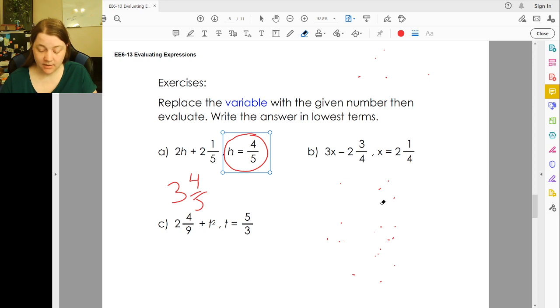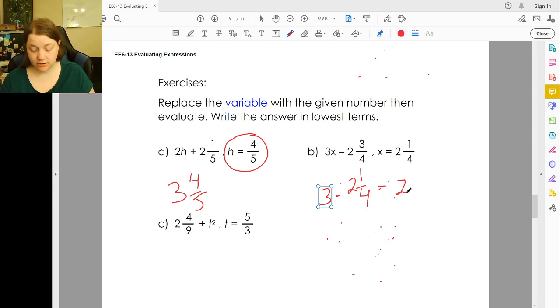All right, let's talk about this. We have 3 times x, or 3 times 2 1/4 minus 2 3/4. Do you see how I had x here and I replaced it with 2 1/4?